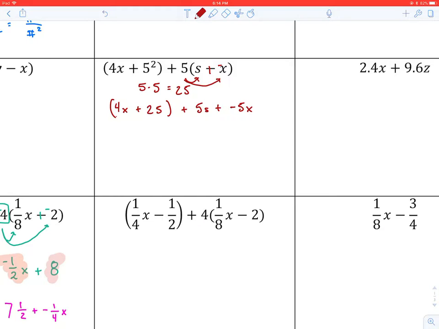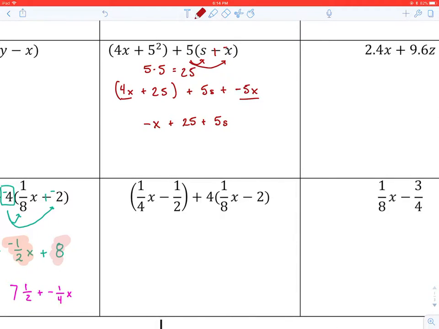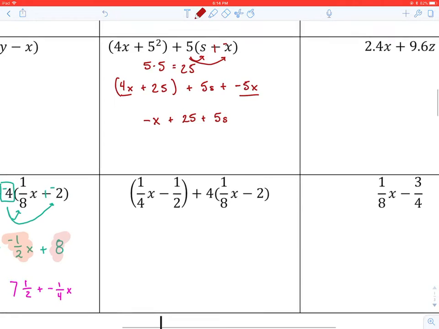And then last thing is to just add my like terms. 4x plus negative 5x equals a negative x, plus 25 plus 5s. So hopefully by this point at part 5, number 5, you're getting a little bit more used to why we're doing this simplifying, why we can't add that 5s and that 25 because they're not like terms.